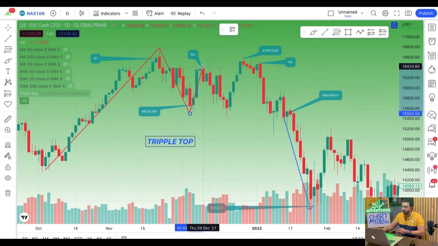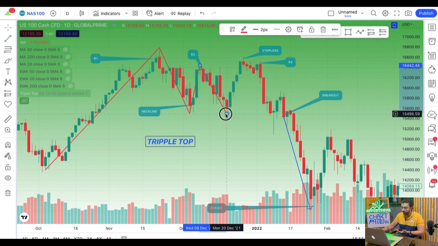The market goes up again. It tried to break through the resistance, but it couldn't. So that point we can say is resistance number 2. From there, the sellers were activated again, tried to push the market down and tried to break through the neckline or the support line, but they failed to do so.